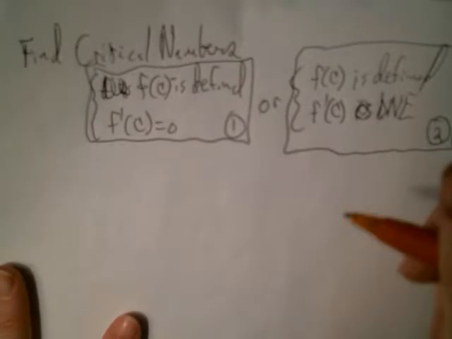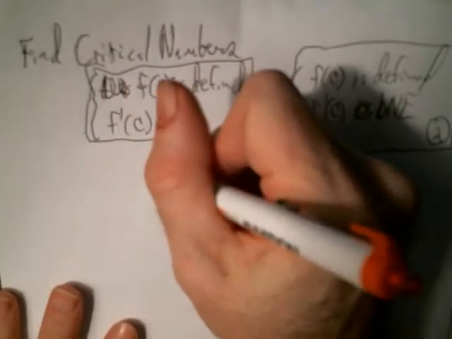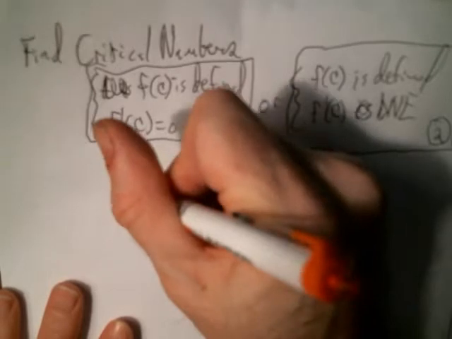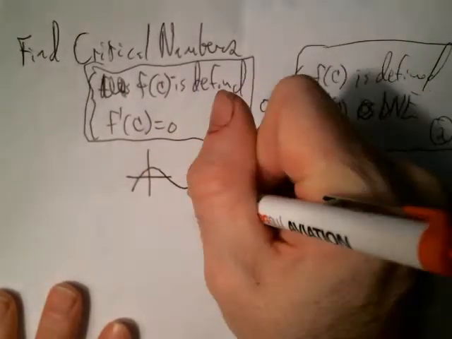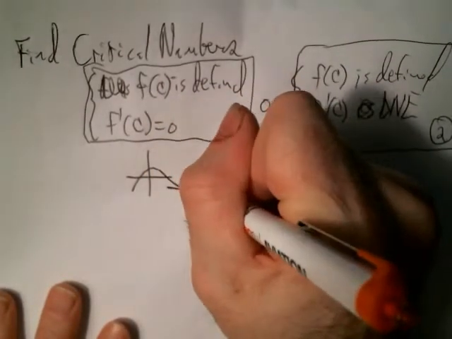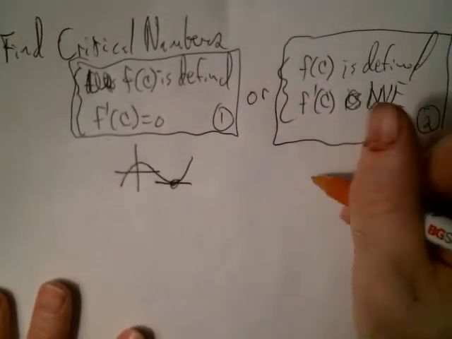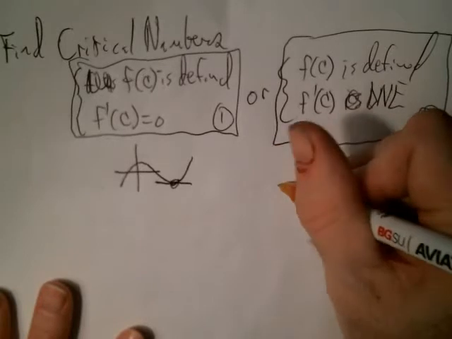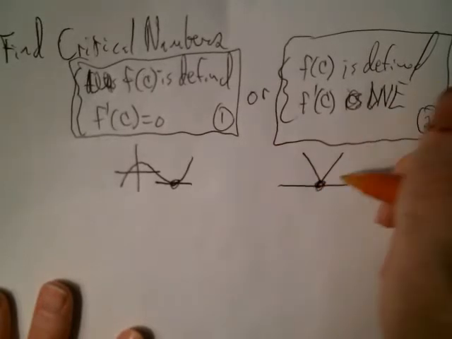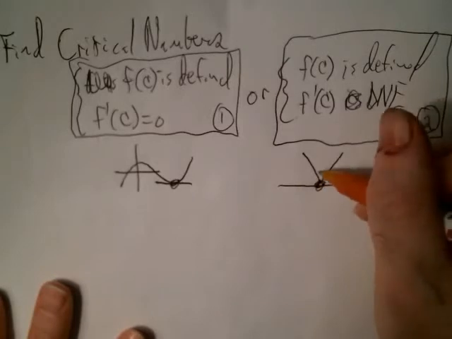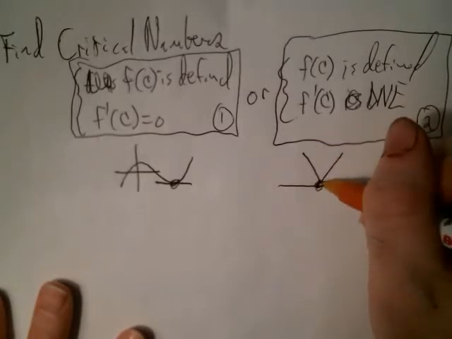And you can remember them via pictures. So this first case is when you have a maximum or a minimum occurring like that, where the slope is equal to 0. This is the case where the derivative does not exist. The prime example is the absolute value function, and right there its derivative won't exist because there's a corner there.